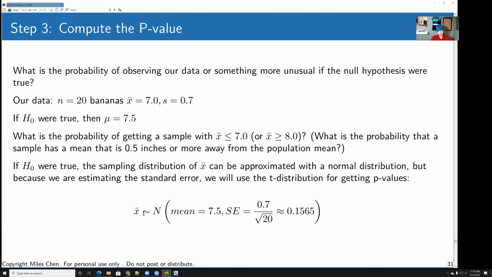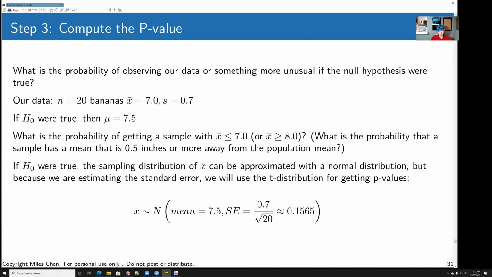So we're going to say x bar comes from a normal distribution with mean 7.5 and standard error equal to 0.1565. But again, the problem is that we don't know the standard deviation of our population. So this is actually the estimated standard error, S divided by the square root of n.